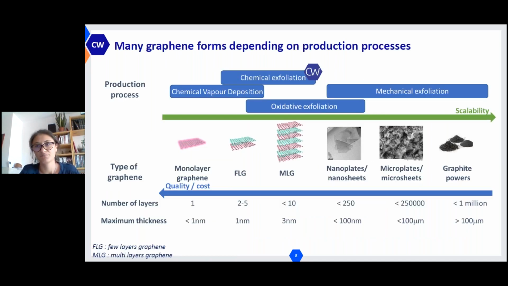But when we say graphene, actually, we have to keep in mind that graphene is not an only material, but at least a family of several materials with different properties according to the process of production.